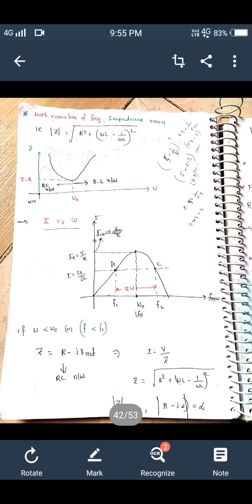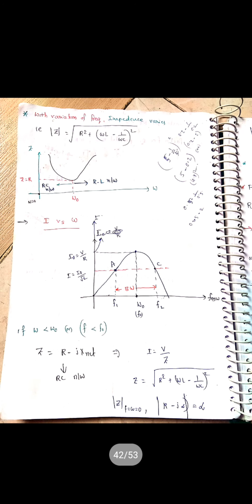If you draw the line touching the curve at I equal to the RMS value, the range of frequencies we get from those points is called bandwidth. The frequencies which represent the bandwidth are called half power frequencies. Why? Because those frequencies specify more than half the amount of power.